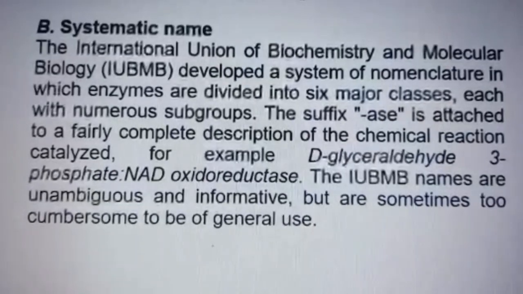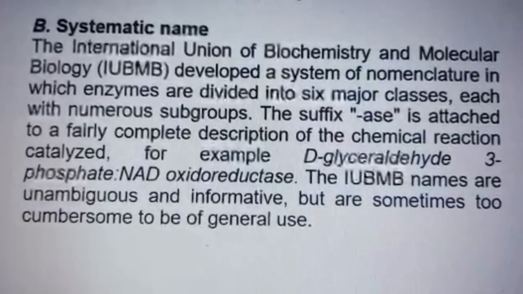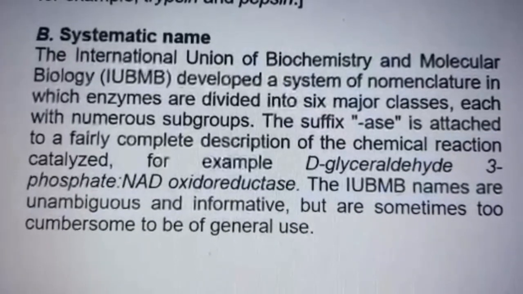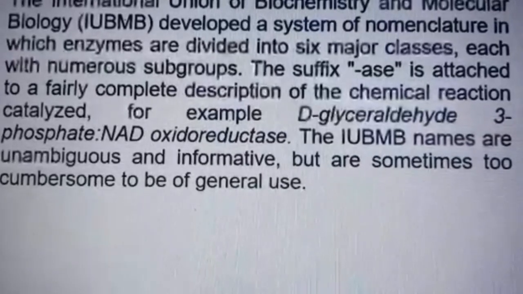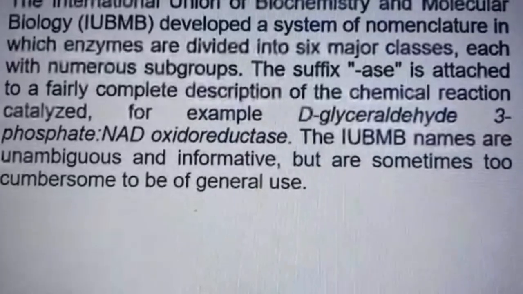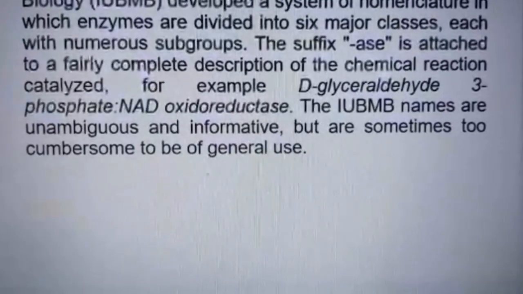For example, D-glyceraldehyde 3-phosphate NAD reductase, etc. The IUBMB names are unambiguous and more informative, but sometimes they become too complex for general use.